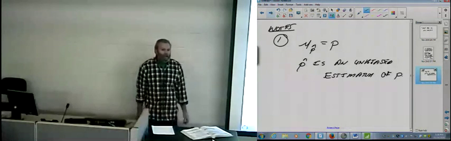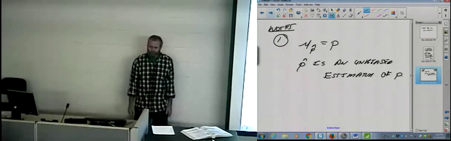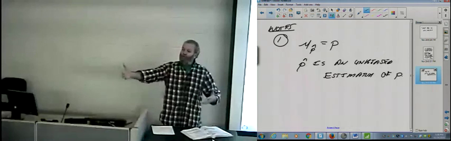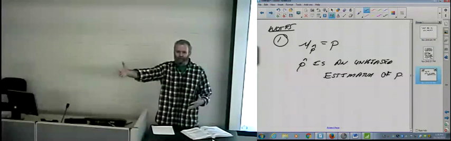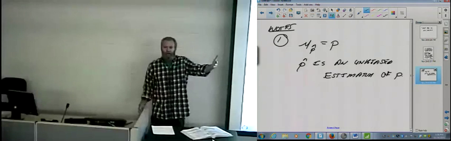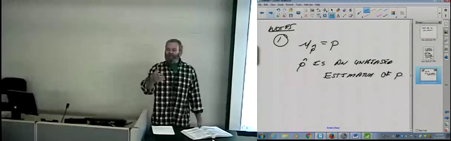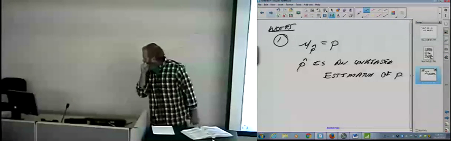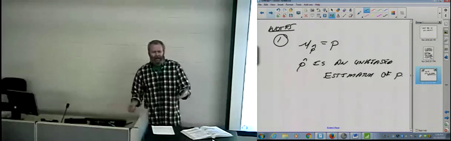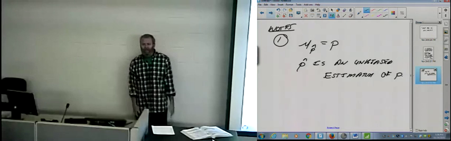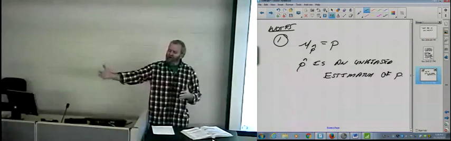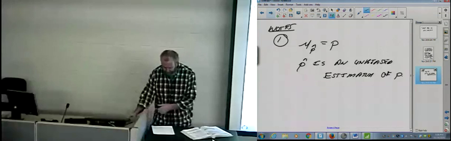Which means sometimes when we take a sample and calculate this sample proportion p hat, sometimes it will be greater than p. You'll overestimate your population proportion, and sometimes it will be smaller than p. Sometimes you will underestimate. Remember, you would be biased if every time you took a sample, you overestimated. You'd be biased if every time you took a sample, you underestimated. Well, no. If this sampling distribution is centered at p, then sometimes it's larger and sometimes it's smaller. Sometimes you overestimate and sometimes you underestimate.